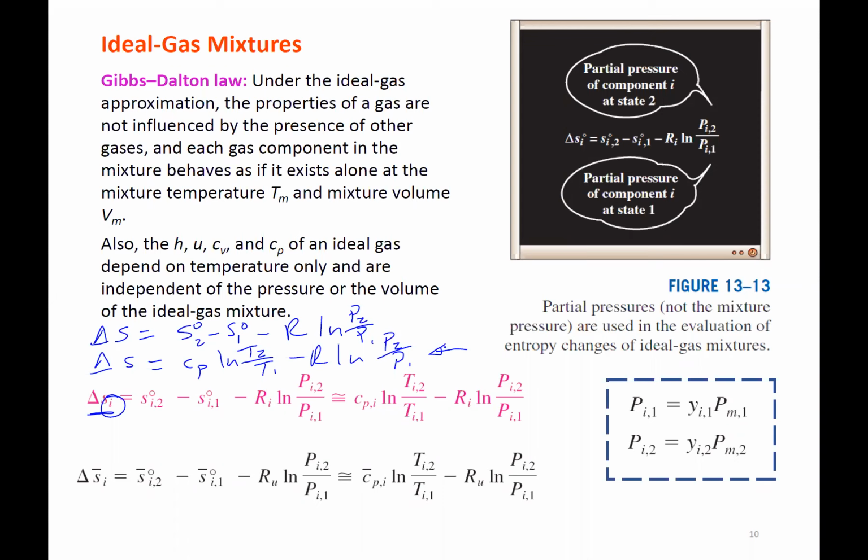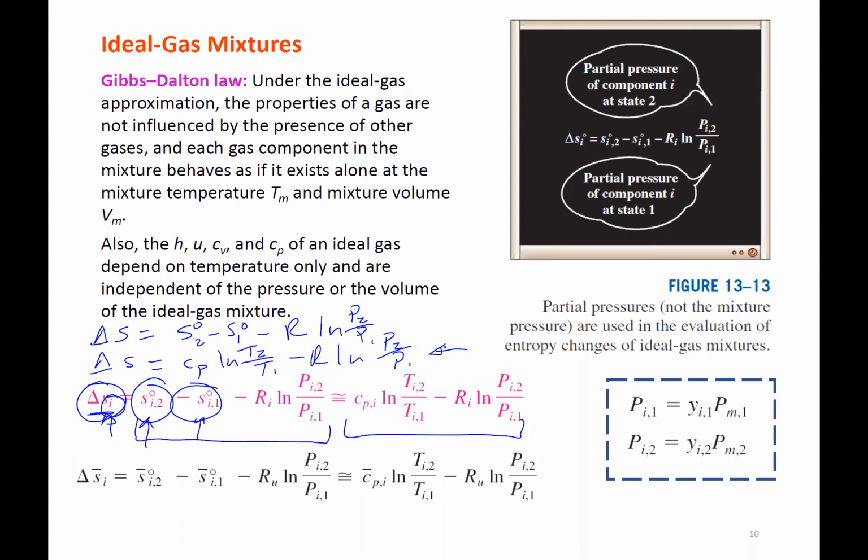Now, if we wanted the change in entropy of an individual component, so not of the mixture but just one component in the mixture, we have a variable specific heat version right here and a constant specific heat version right here. The variable specific heat version involves CP natural log T2 over T1 for that component.